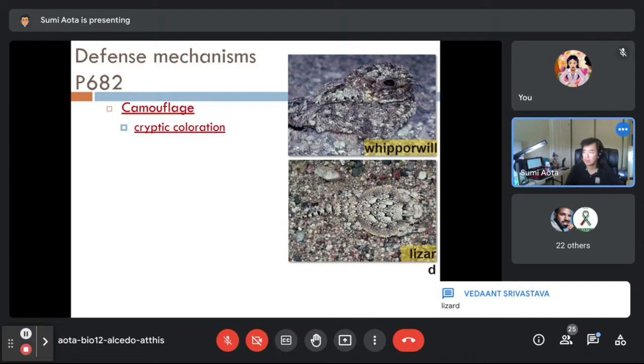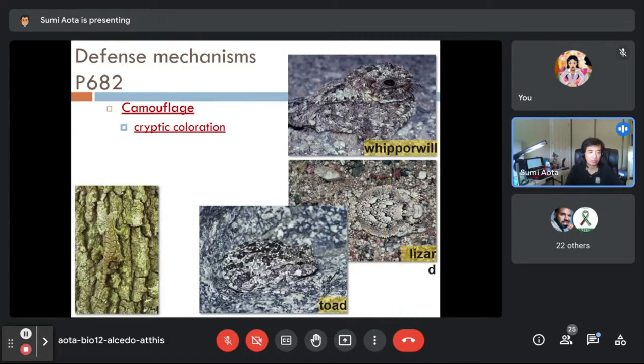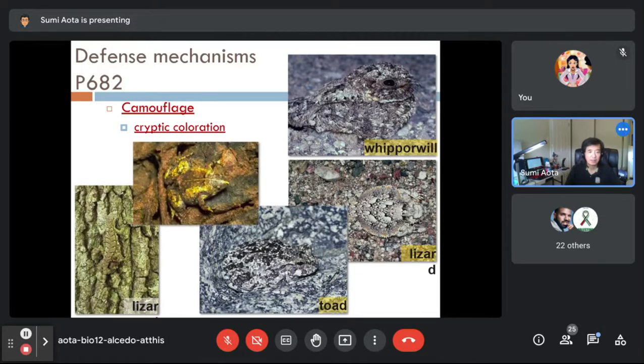Yeah, that's a lizard. Okay, we've got a toad there. That lizard we already saw. And another frog there. Okay, now there's a really neat video on camouflage.